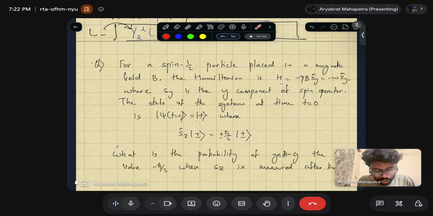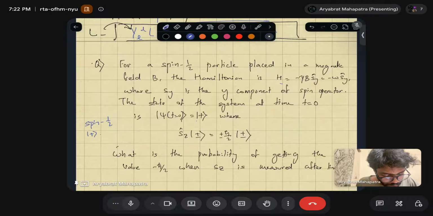For now, I can tell you that if you have a quantum particle which has spin half, it has two states, plus and minus.